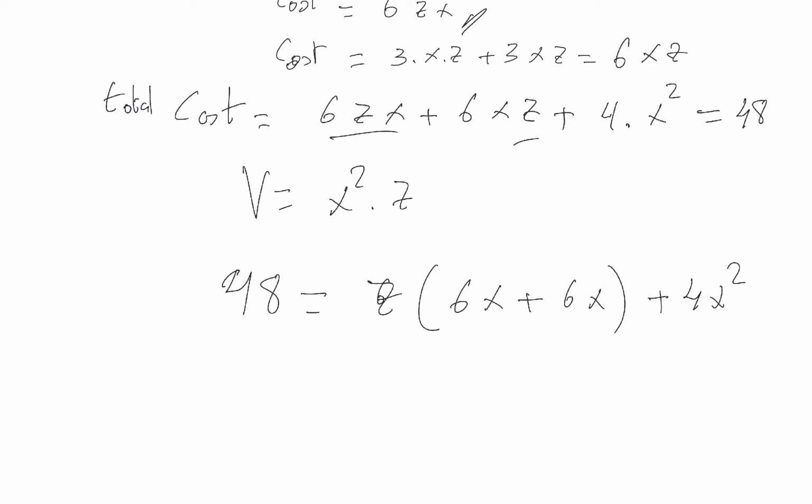So the cost is 12 times x multiplied by c plus 4 times x squared.